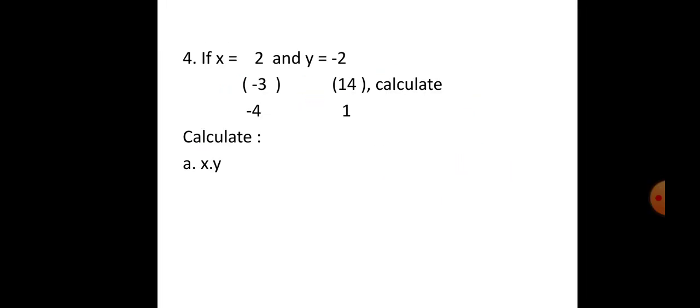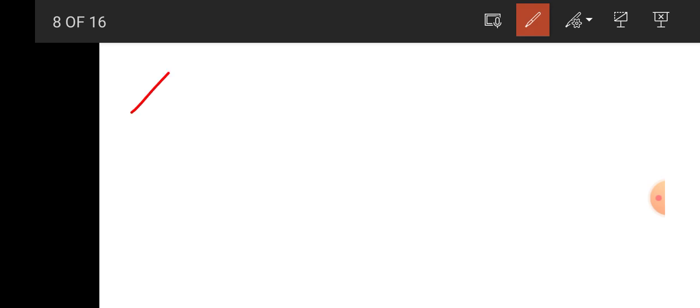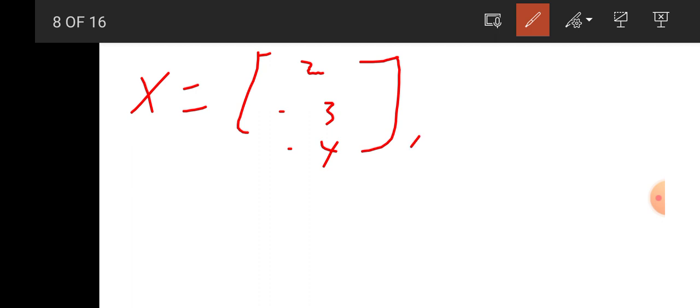Next, if x is equal to 2, minus 3, minus 4, and y is equal to minus 2, 14, 1.